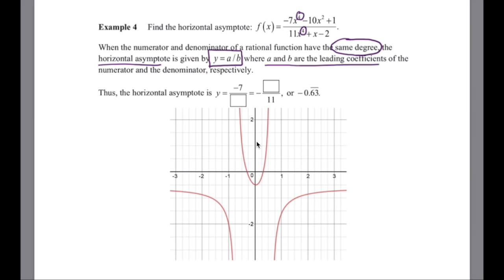I know that I'm going to have a horizontal asymptote when I take the coefficients, just as we see at -7 over 11, or if we put it into decimal version, -0.63 repeated. So we've created a horizontal asymptote because their degrees were the same.